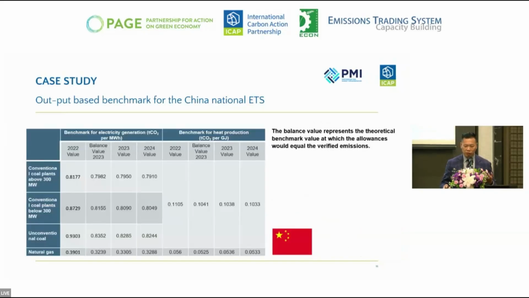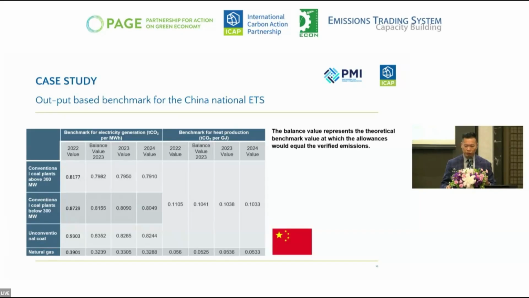And under this bottom-up approach, the major requirement is the benchmark. So right now, China uses 100% free allocation, and the benchmark shows how much the industry, in this case the power sector, needs to reduce.